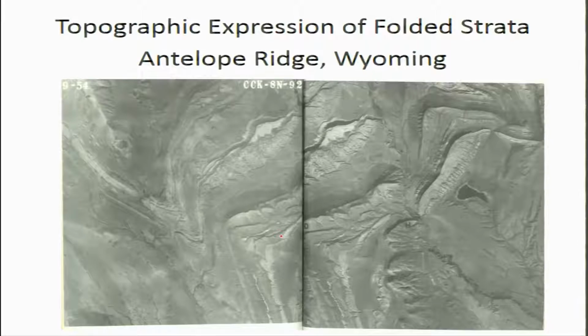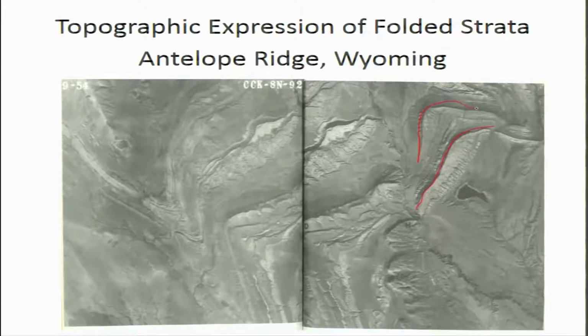Another image that is also showing the folded strata, a very beautiful image which classifies the folding pattern as well as the hinges and limbs and the cores of the fold.